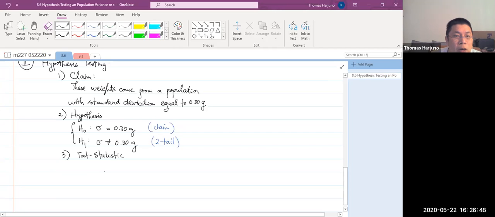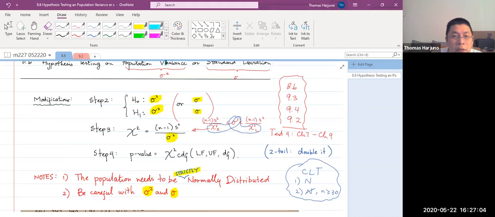Chi squared equals the degrees of freedom, which is 14, times the sample variance, not the sample standard deviation. Look at the formula. That's what I said earlier. You need to be careful with sigma squared and sigma.